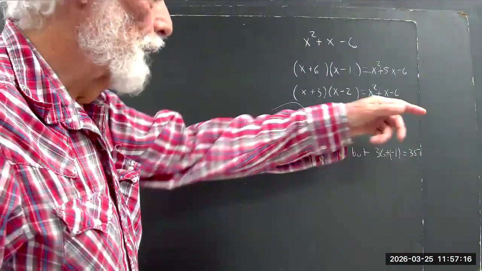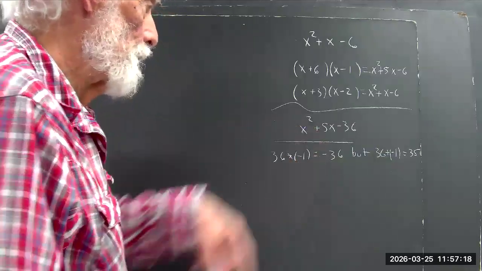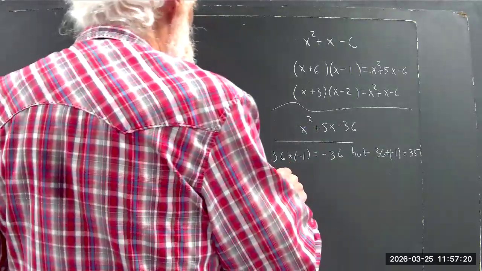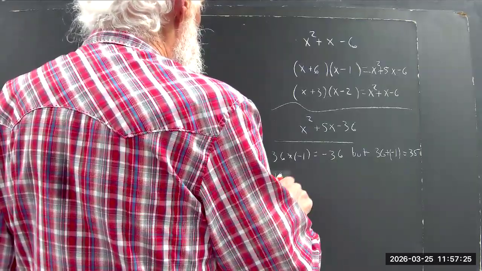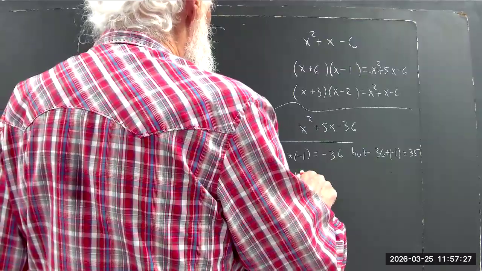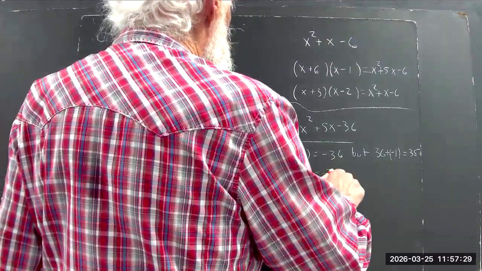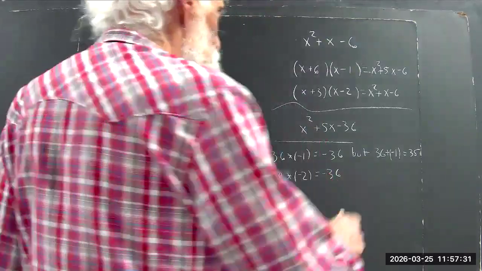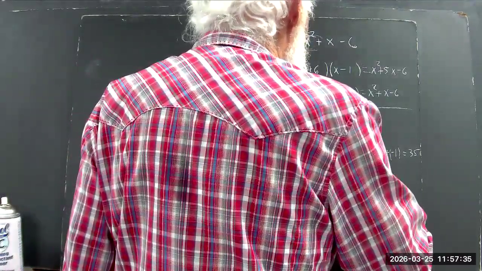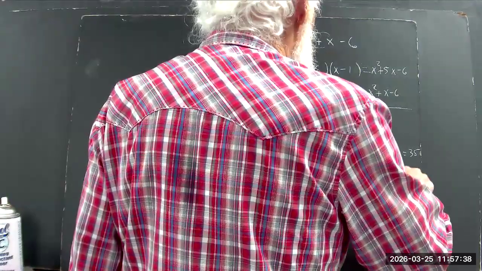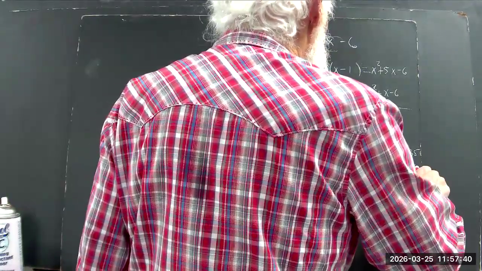Okay, 36 plus negative 1 equals 35, not 5. 18 times negative 2 is negative 36. But 18 plus negative 2 equals 16.